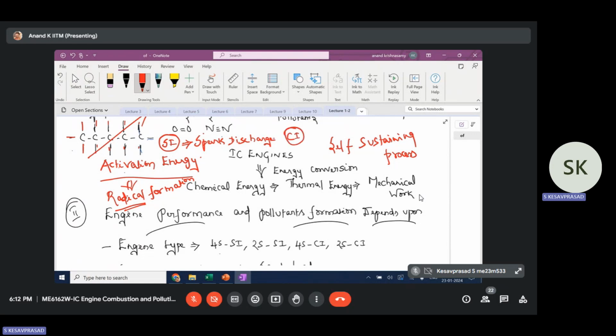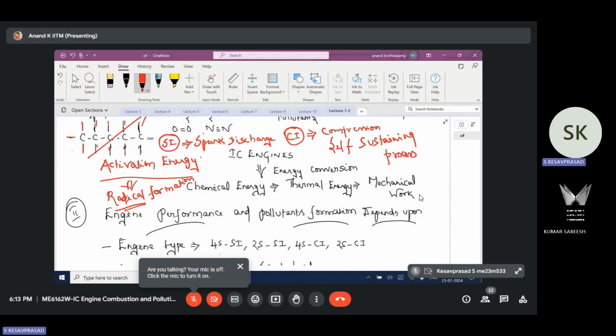In a CI engine, what do we do? It's through the compression process. You are compressing air to a high pressure, high temperature, right? Because you are maintaining a high compression ratio in the engine cylinder.